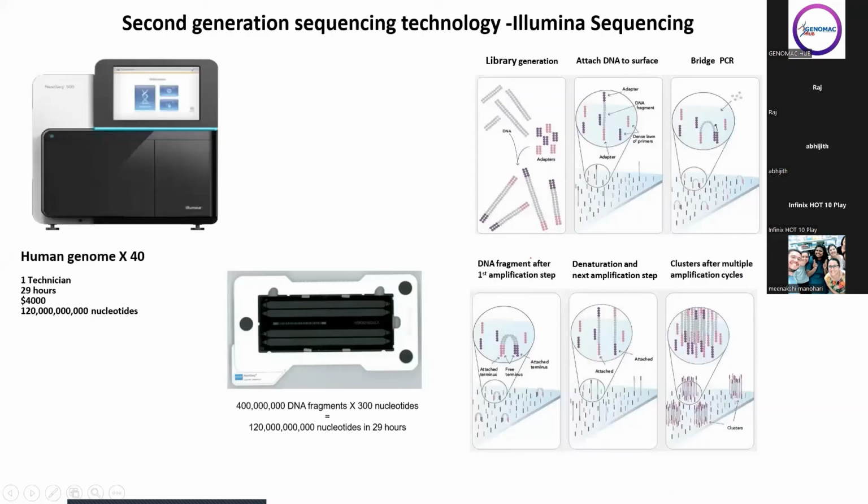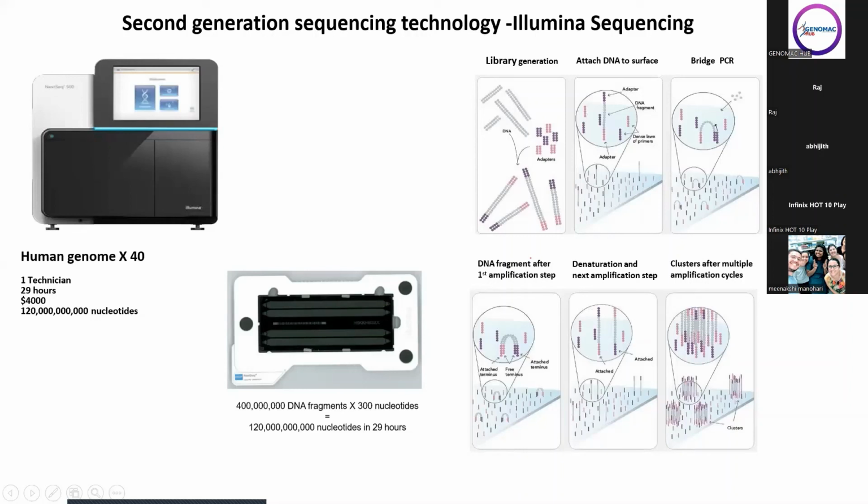After adapter addition, the cluster is formed. This is the plate which has the complementary sequence of the adapter. The adapter binds to these small sequences on the plate, and after that binding, there is a nearby adjacent molecule which has a sequence complementary to the adapter. It makes a PCR bridge, and after the first round of amplification and denaturation, it makes a loop and attaches to this adapter.